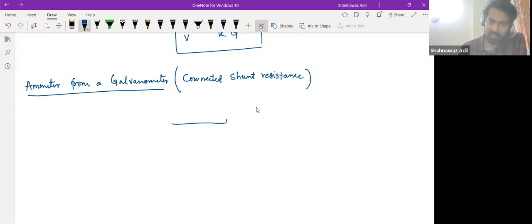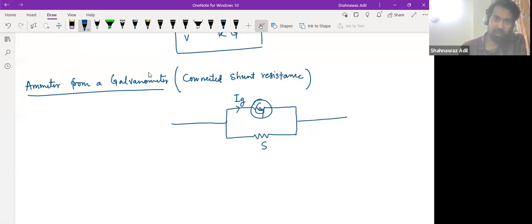So this is a galvanometer, and let me write it as G. This has a resistance G, and the current which is passing through this galvanometer is IG. And then we connect a shunt resistance S to it, right?